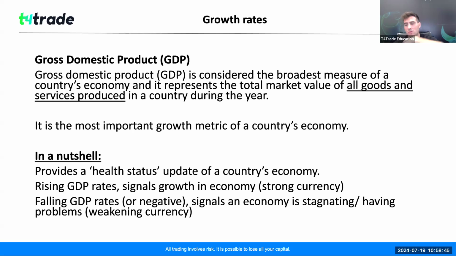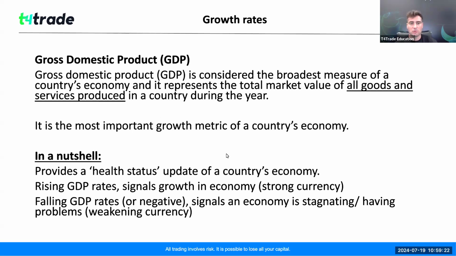It also gives you a broad level of the wellness and well-being of how that economy is behaving. Higher GDP tends to lead to a higher quality of life for the citizens of that economy. Obviously, the distribution of money is not always evenly laid out, but that's the main idea behind it. A high GDP print tends to be seen as an attractive factor for international investors to put money into your economy.